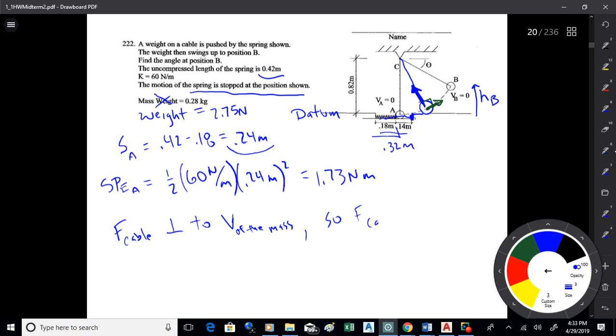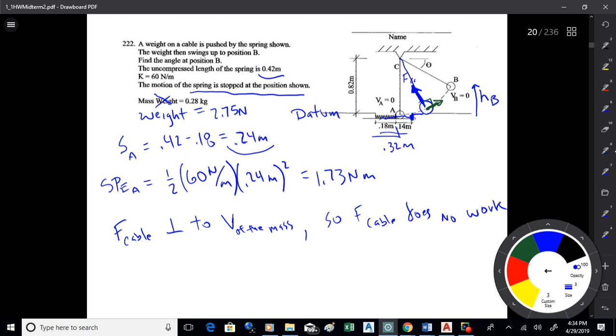So F cable doesn't do any work. So that's something to remember about this stuff. If the force is normal to the motion, it doesn't do any work. So keep that in mind.